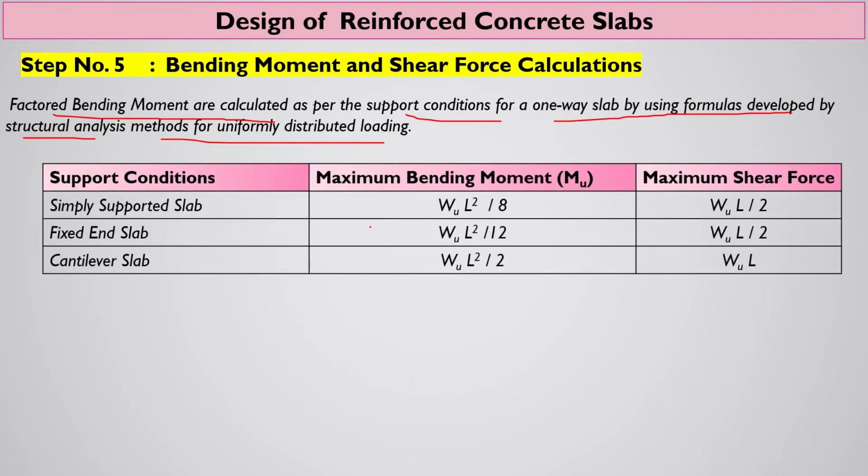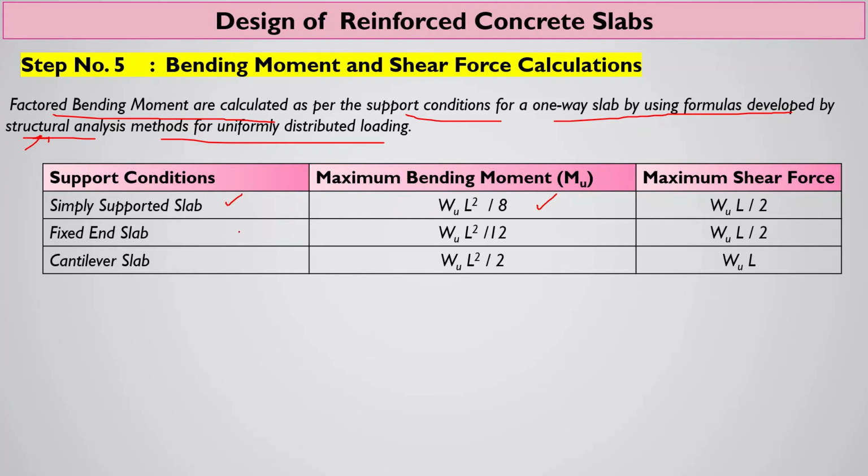Various types of formula you can get from any standard book of structure analysis. That means if it is a simply supported slab, then we are aware that maximum bending moment will be at the middle of the span. So formula you can use WL square by 8, and similarly maximum shear force you can calculate.